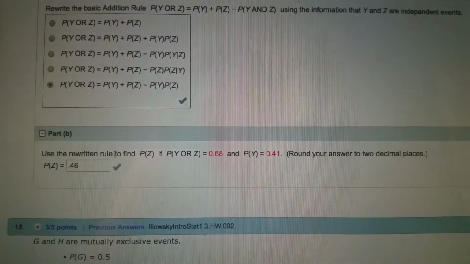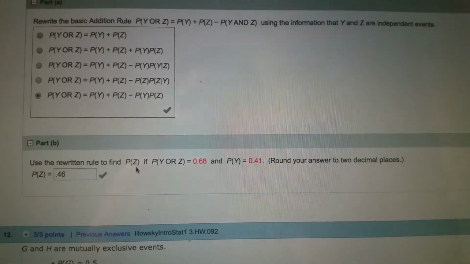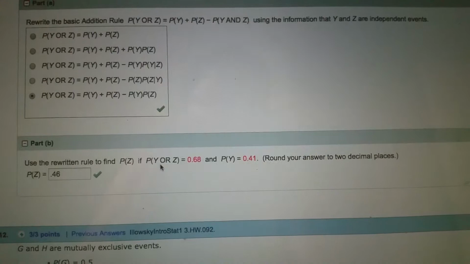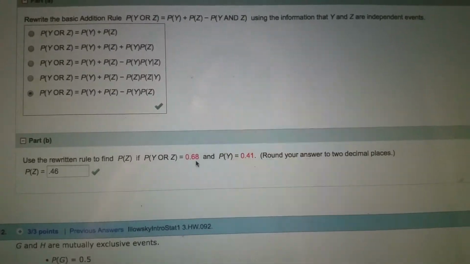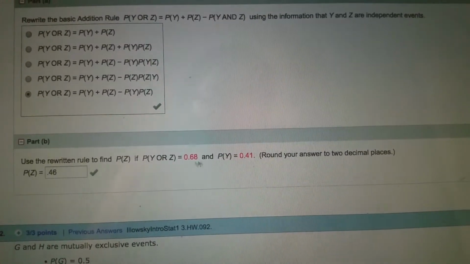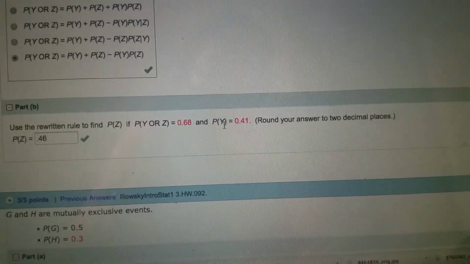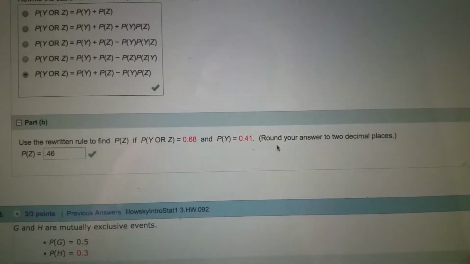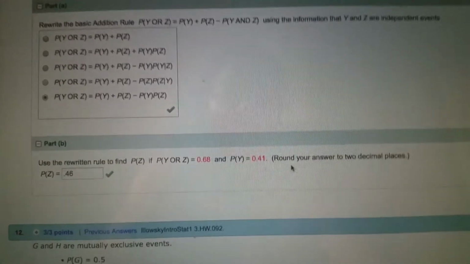Okay, so now this one. Use the rewritten rule to find probability of Z if probability of Y or Z equals 0.68 and probability of Y equals 0.41. And this is where it's going to be lots of fun. Okay, so let's go with what we have as far as the formula.